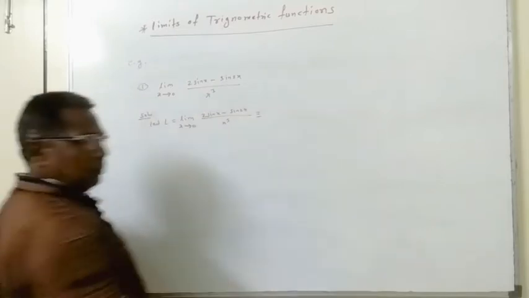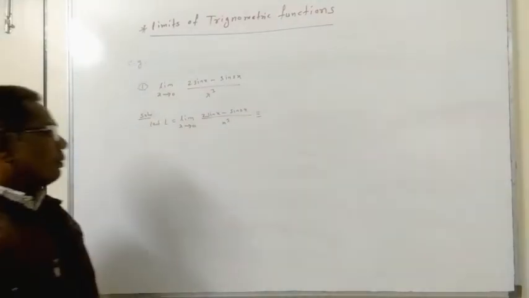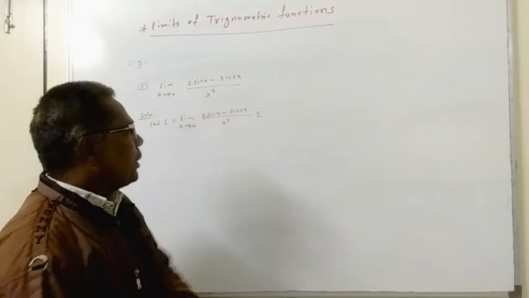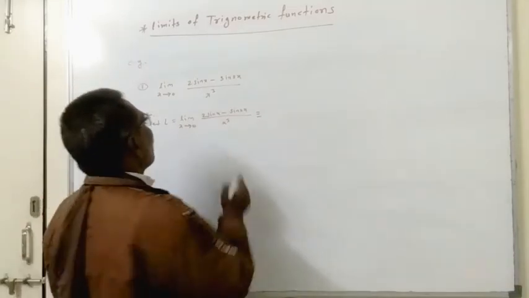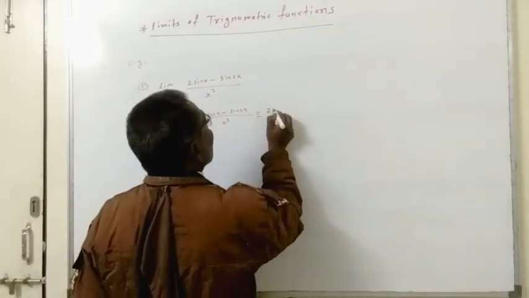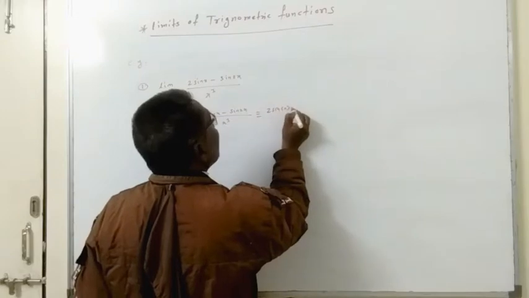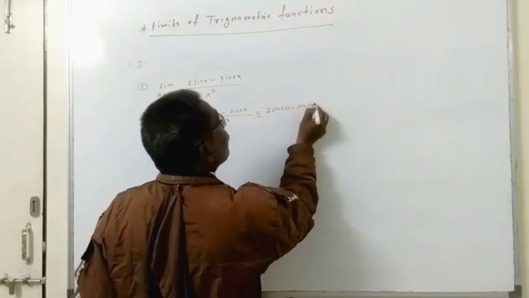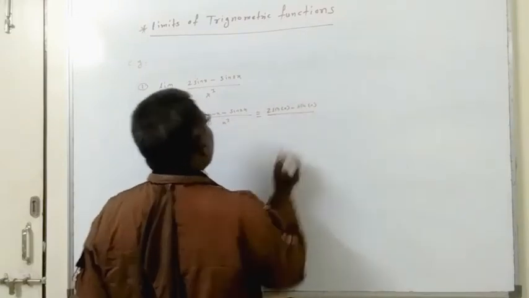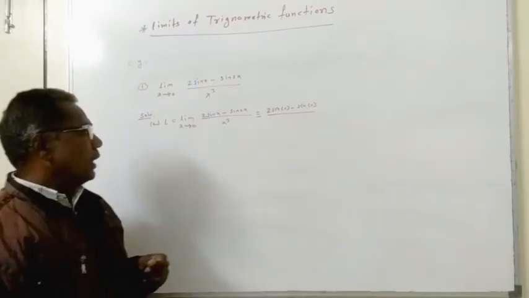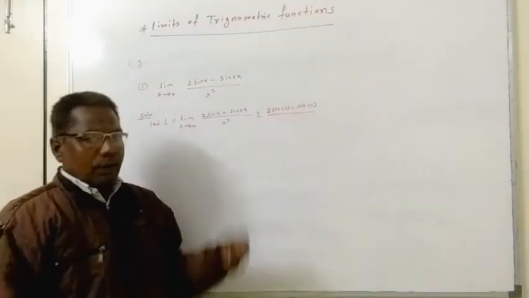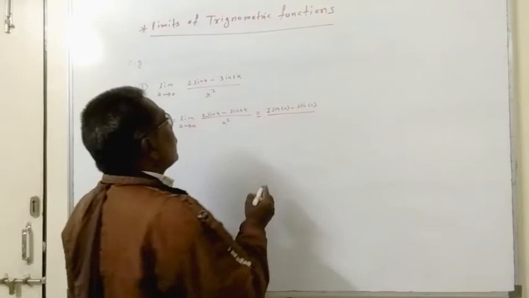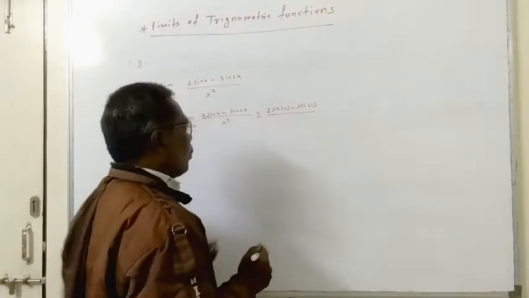Now as usual, first of all we think whether this limit exists by the direct method or not. So we put x equal to 0: 2 sin 0 minus sin 0, divided by 0 cube. Always write the direct method in a straight line instead of writing below.